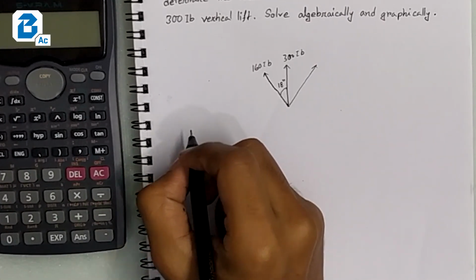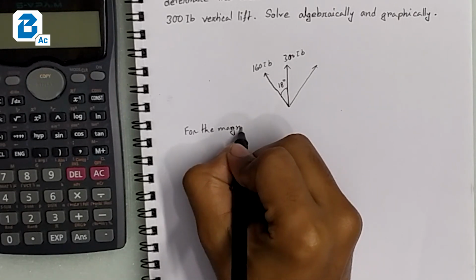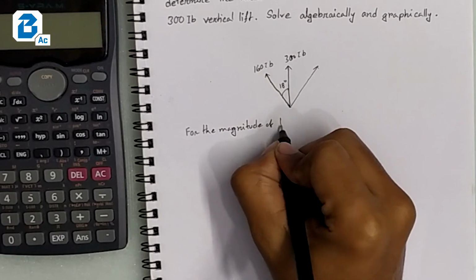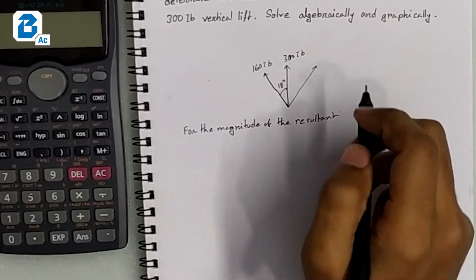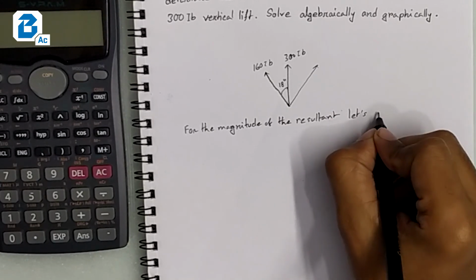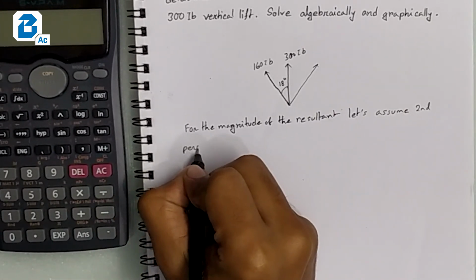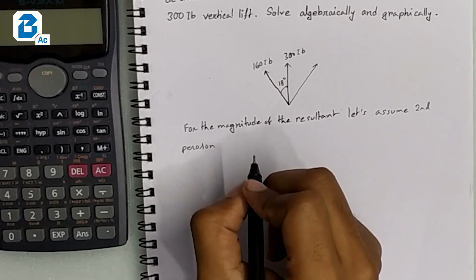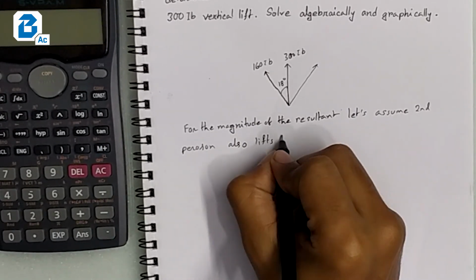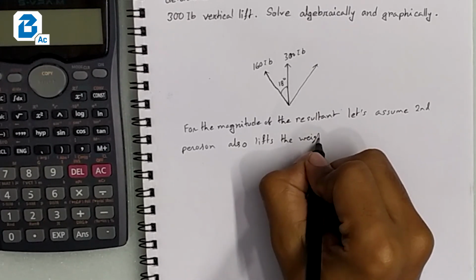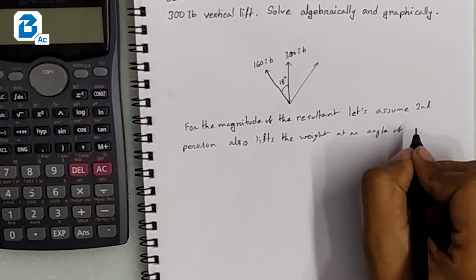For the magnitude of the resultant, let's assume the second person, which is B also, lifts the weight at an angle of 18 degrees.